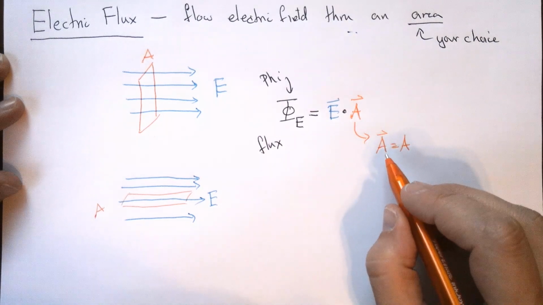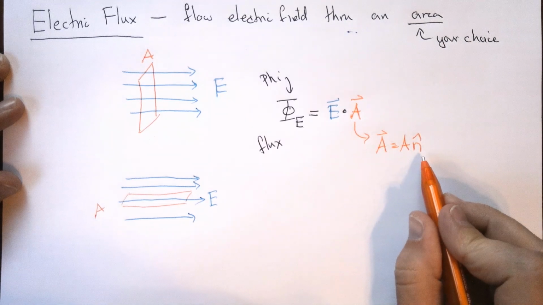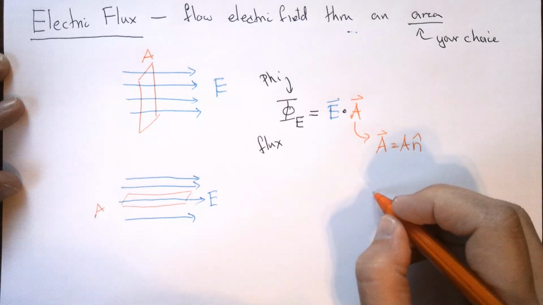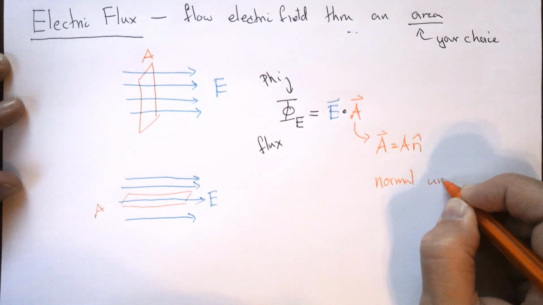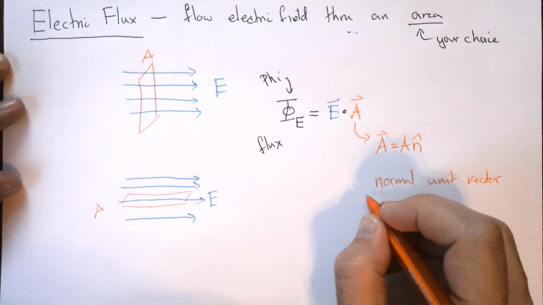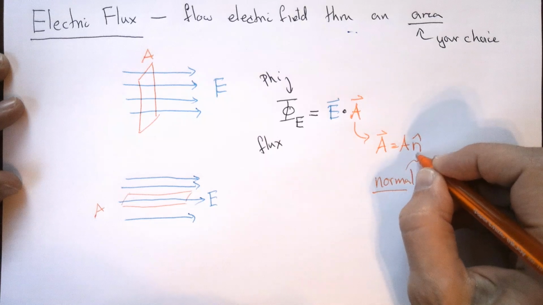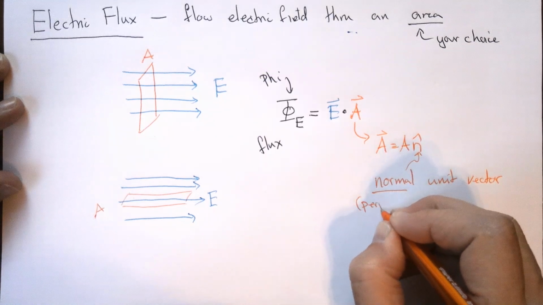But the direction is going to be given by this little unit vector that is an n, because it is called the normal unit vector. And I'm using normal here with a different meaning than I did before, to mean regular. Here, this normal means perpendicular.